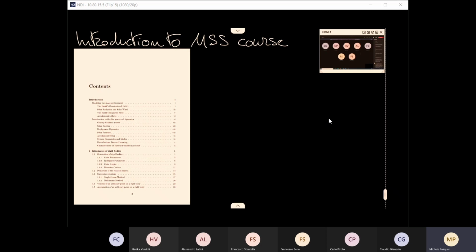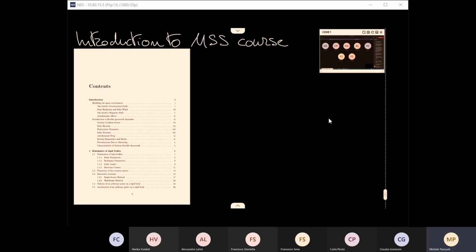We will touch different topics, all basically regarding the space environment, and why it is relevant in this environment to take into account flexibility issues, regarding the structural response of systems composed of multiple bodies and multiple parts when they are placed in the space environment.